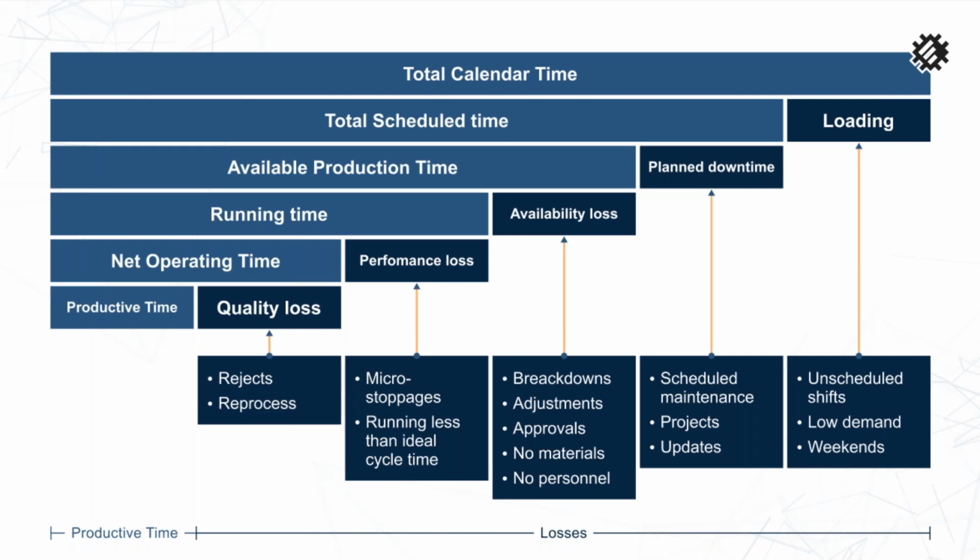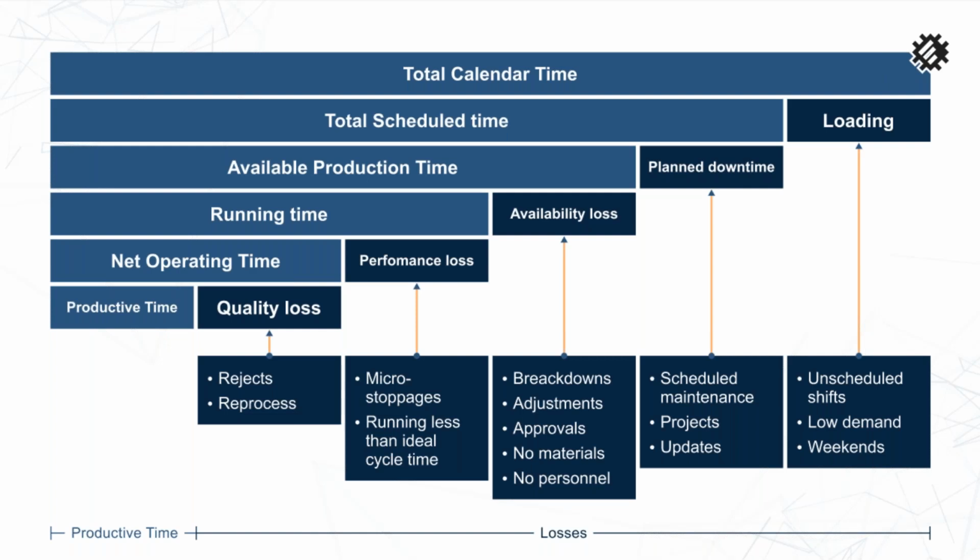As you can see, we're operating with total schedule time, and we need to take into account the quality losses, the two main difficulties that we can face: rejects and reprocess. Then the performance losses: we should monitor the micro stoppages and running less than ideal cycle time.